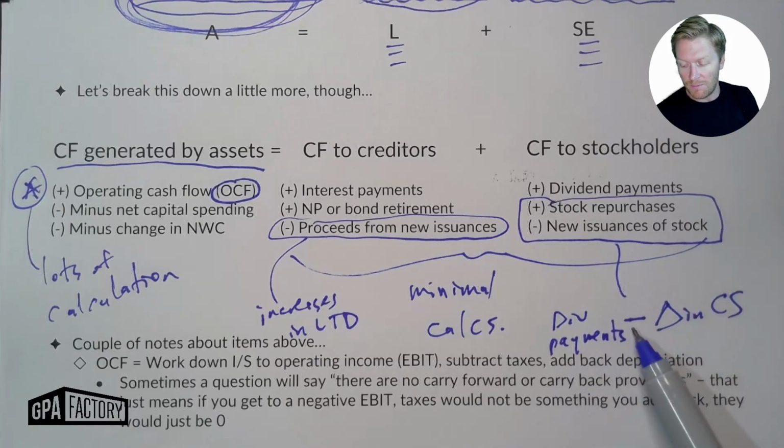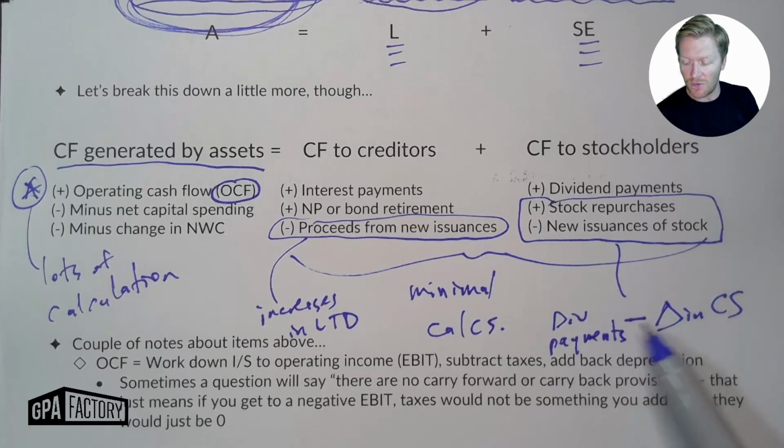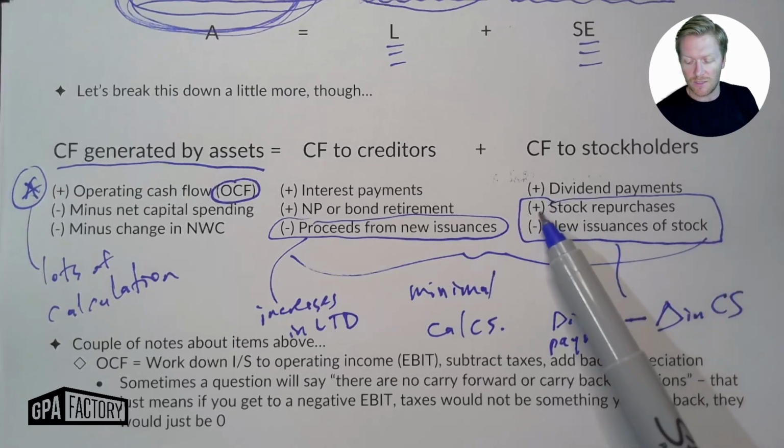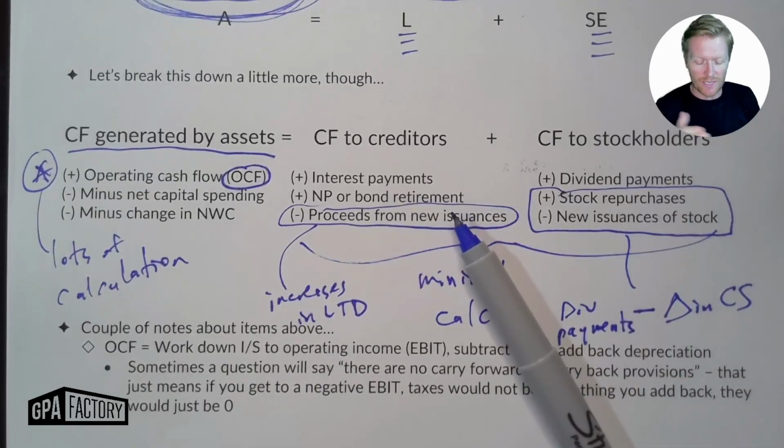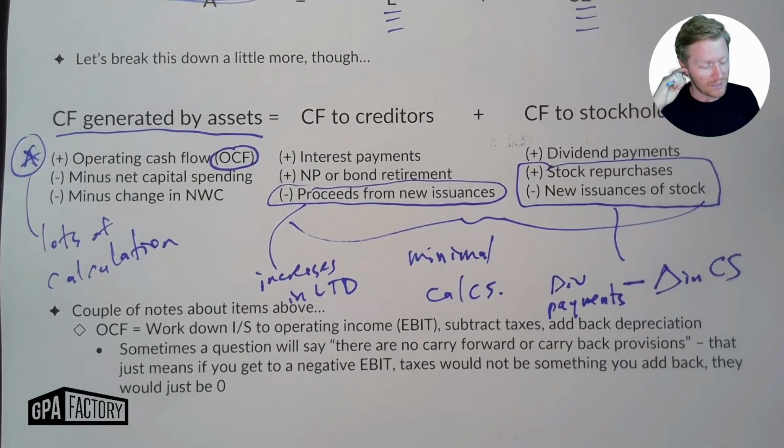So dividend payments minus that increase. If we had a stock repurchase, we would take dividend payments minus common stock would actually be going down. So this change would be negative. So we'd be subtracting a negative, which is this positive. Okay. So again, that's like conceptualizing all of that stuff. We are going to put this into practice, I promise. But yeah, that's us breaking down that equation a little bit.